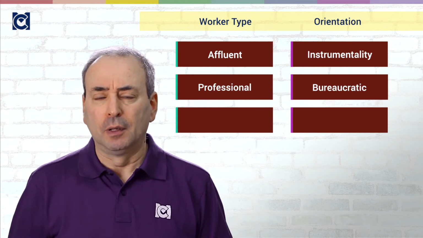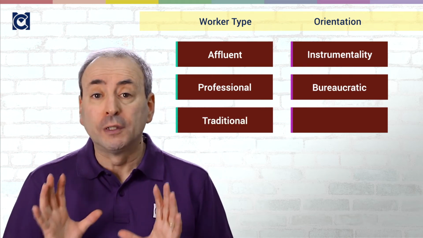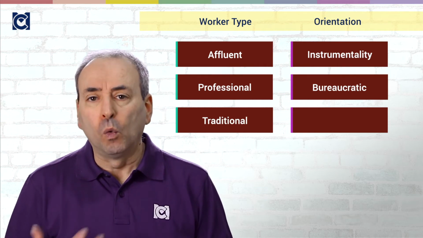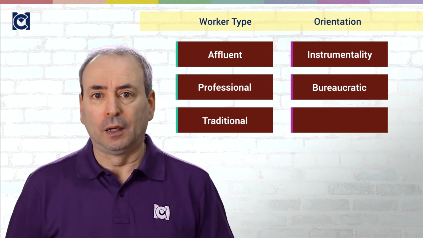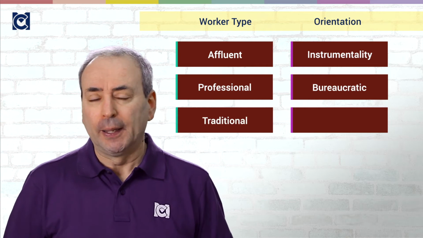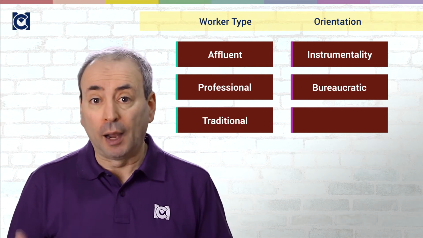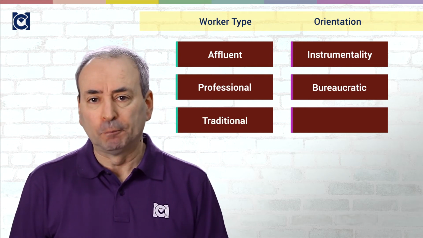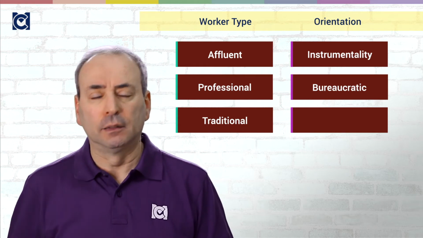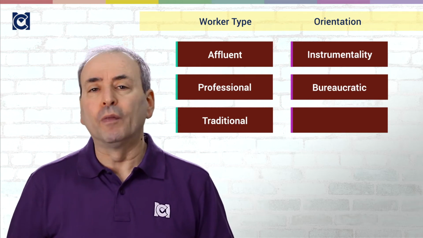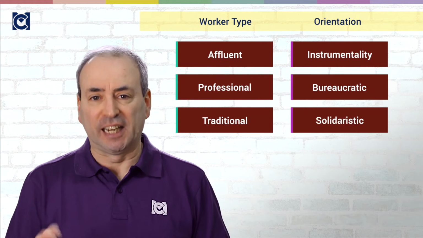The third type that they identified were traditional workers, what they might otherwise have called working class, the people who actually do the work. These are not highly affluent, highly skilled, highly knowledgeable workers. And the orientation that they identified for them was what they called solidaristic.